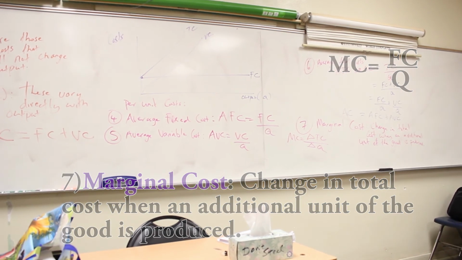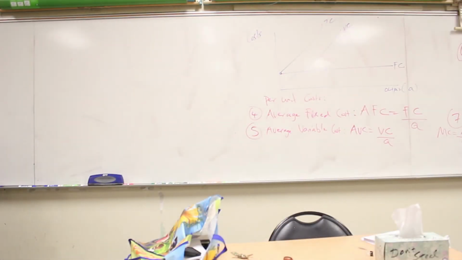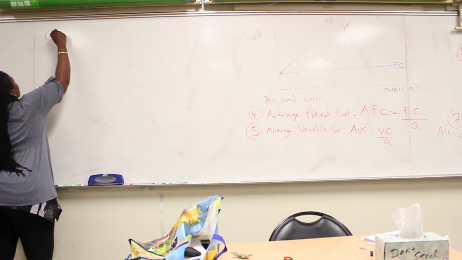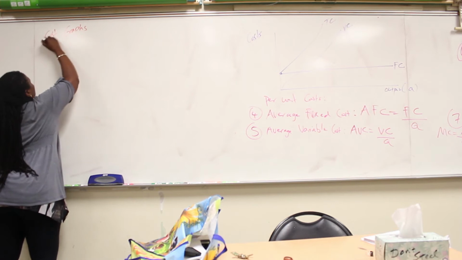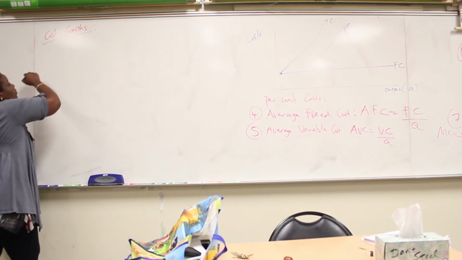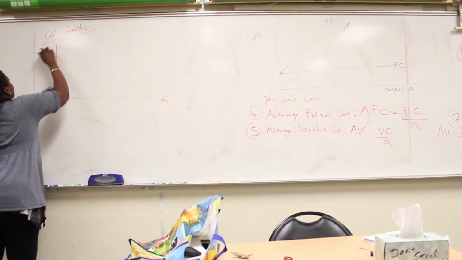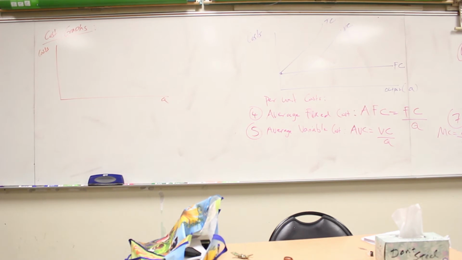Let's graph all of these out on one graph. Let's start with the AFC. What was the example you gave me of fixed cost again?